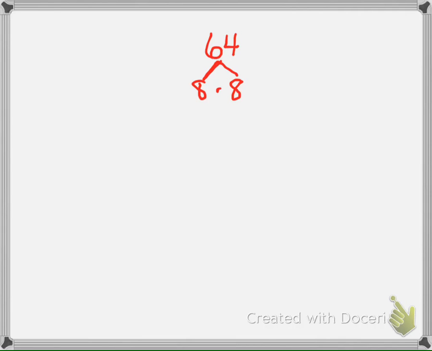Okay, Brandon, prime only has 2 factors, 1 and itself. Does anything else go into 8 besides 1 and 8? 2. 2 does. So they're not prime. We need to keep going. So for this, I'm going to go 2 times 4, and then this 8, 2 times 4.